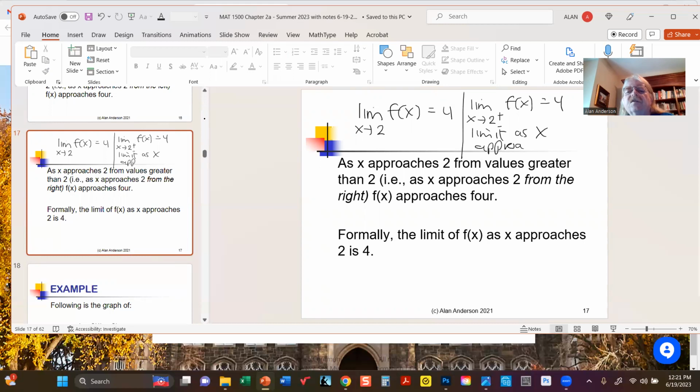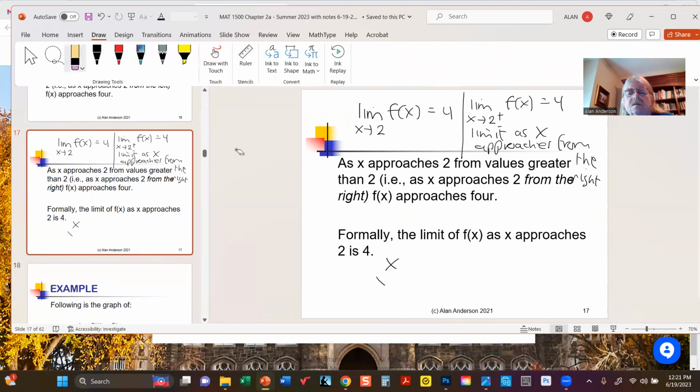This is approaches from the right. And this is how you would write the limit as x approaches 2 from the left.